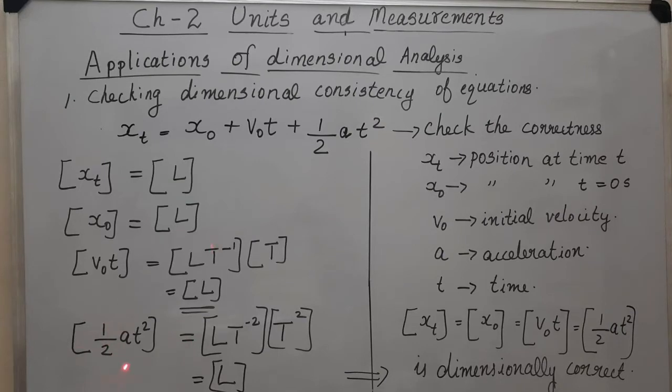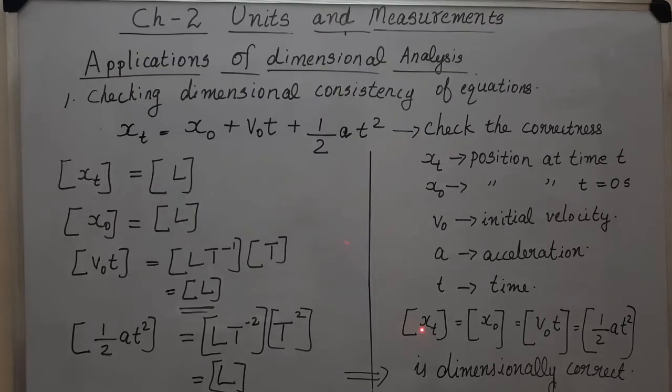This half does not have any dimensional formula. Only a t square will have. Acceleration has the dimensional expression LT raised to minus 2, and t square has the dimensional expression T square. So LT raised to minus 2 into T square gives L. So that also has L. So what is our conclusion?